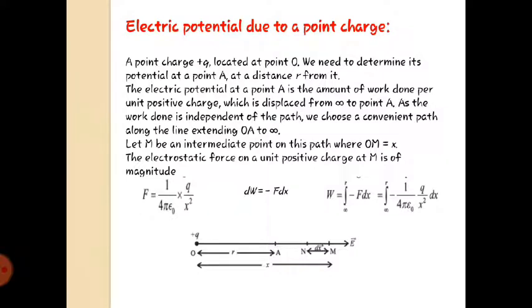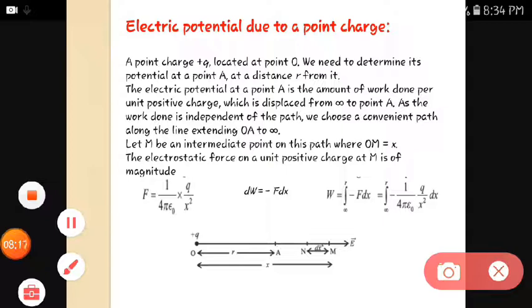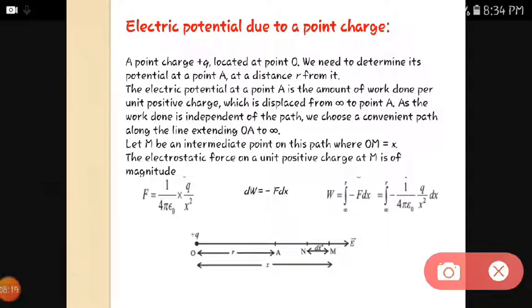So we choose a convenient path when the point charge is carried from infinity to point A. M and N are intermediate points on that path. It cannot be done directly from infinity to A; it should take some displacement in between.